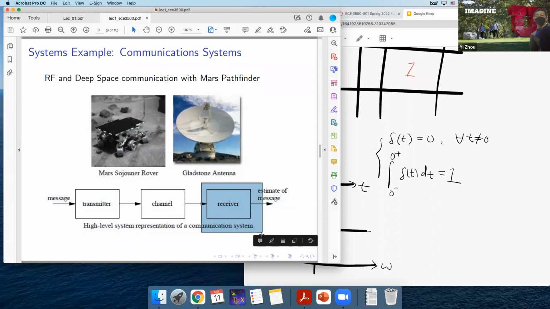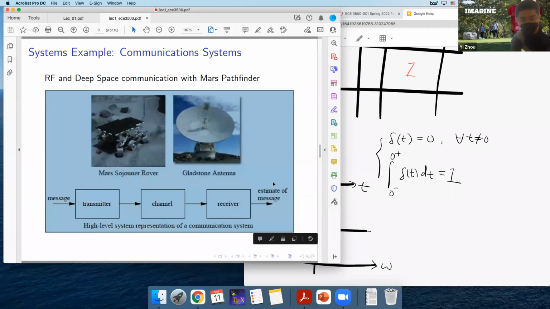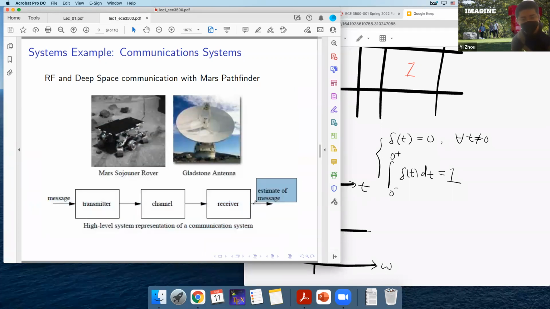But of course, you always have some probability of error. You have some probability to receive and decode the wrong message. So in the end, you need to decode and estimate the message. Whenever we talk about estimation, there is always a probability of error.